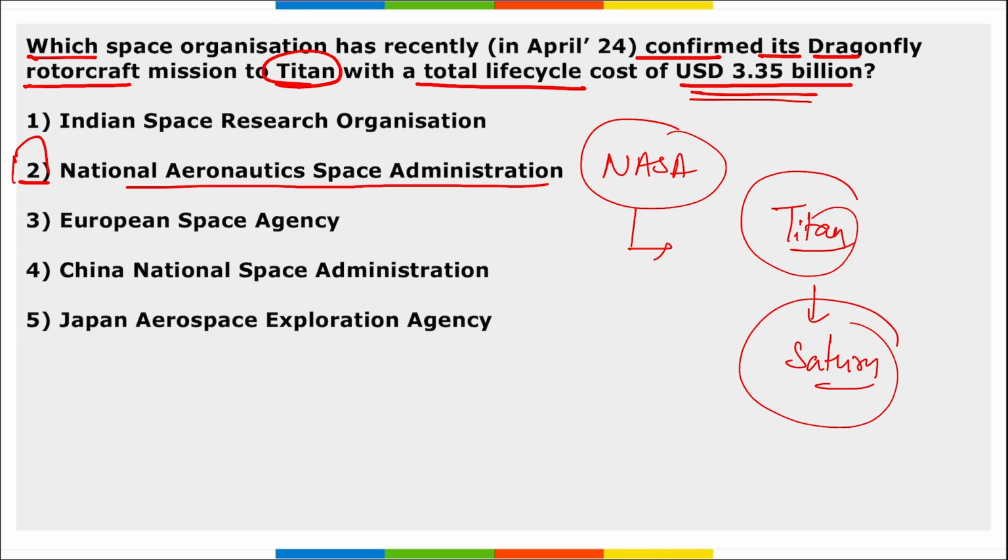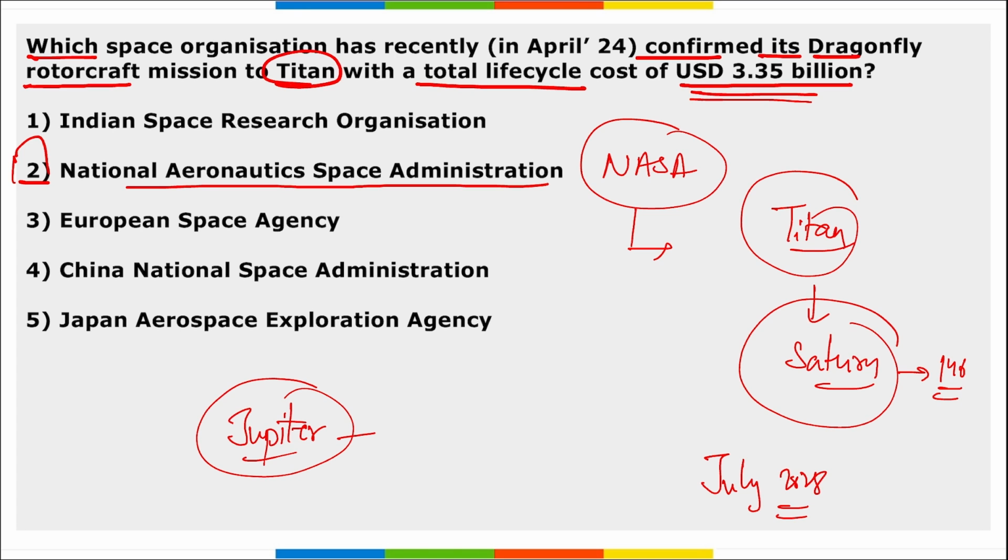And here the total cost of this mission will be around $3.35 billion, and this mission is set to launch in July 2028. Saturn has a total of 146 moons. Remember, Titan is the second largest moon of our solar system. The largest moon is of Jupiter. And what is the name of that moon? It is Ganymede.